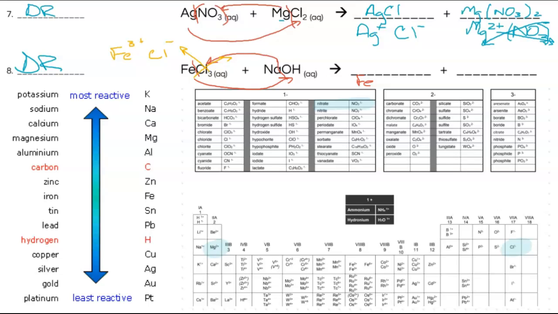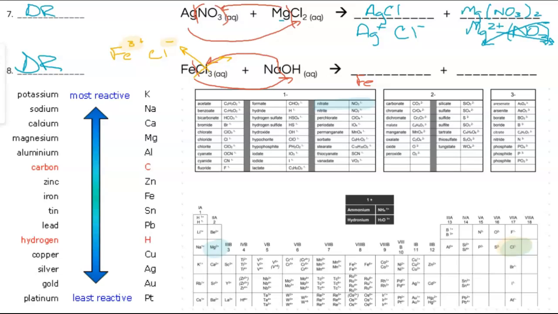Just like we did when we named compounds, I want to double check the charge on this negative ion. So chlorine is way over here. When I check it, chlorine does have the -1, and so that means iron is really a +3.